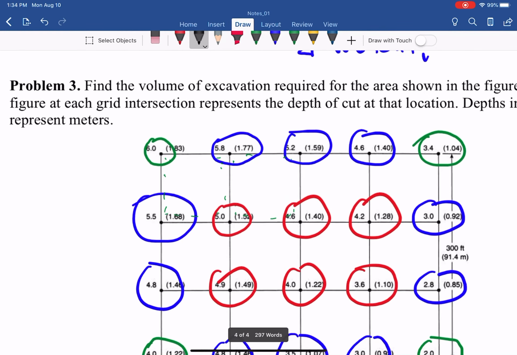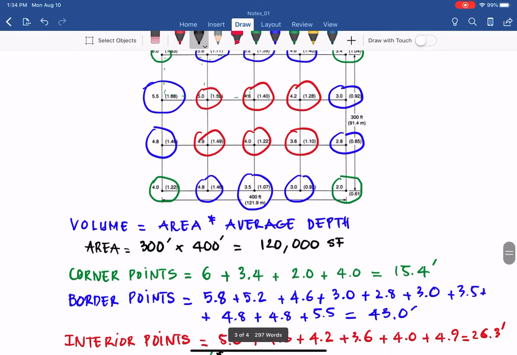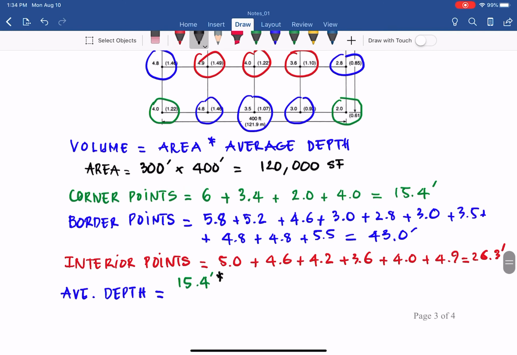As you can see here, the corner point only touches one rectangle, one grid. So the weight will be 1 for the corner points. Then we continue with the total depth of the border points, 43 feet, times the weight.